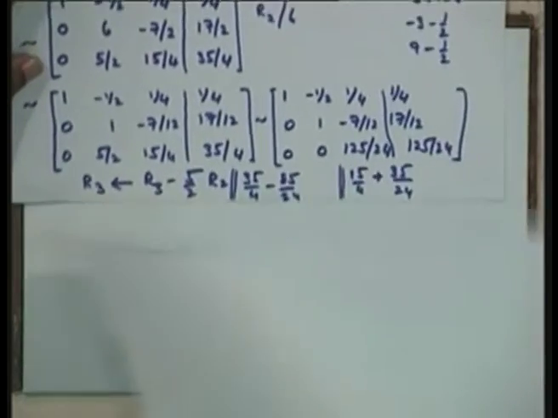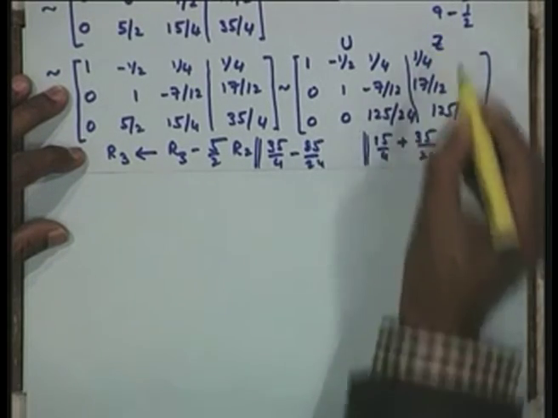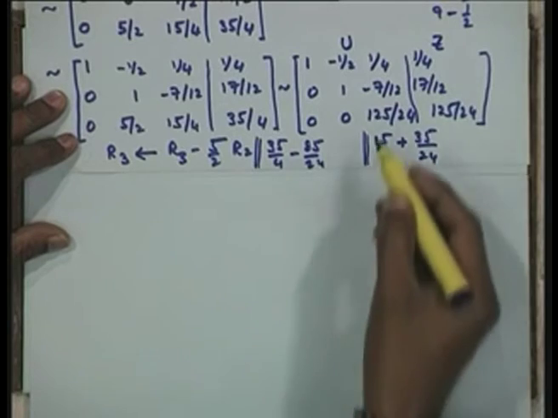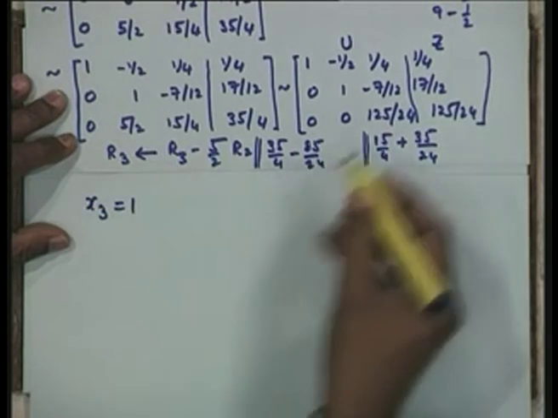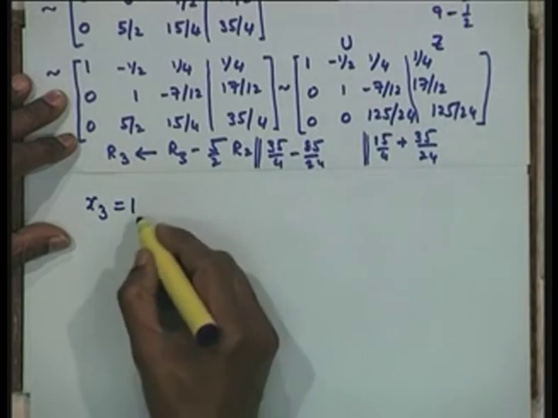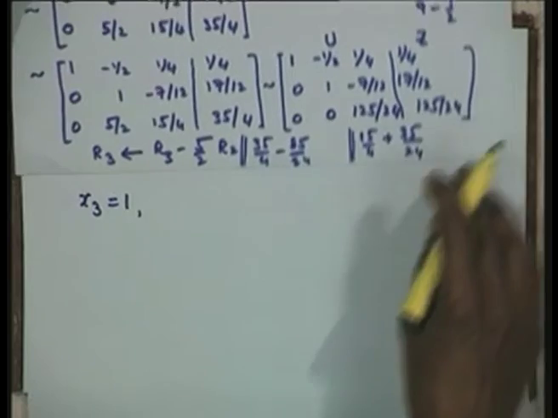Now, the system is complete. We have now got our U and z. Therefore, the last variable x3 is equal to 1. These two elements are the same. So, x3 is equal to 1. We substitute in the backward direction.